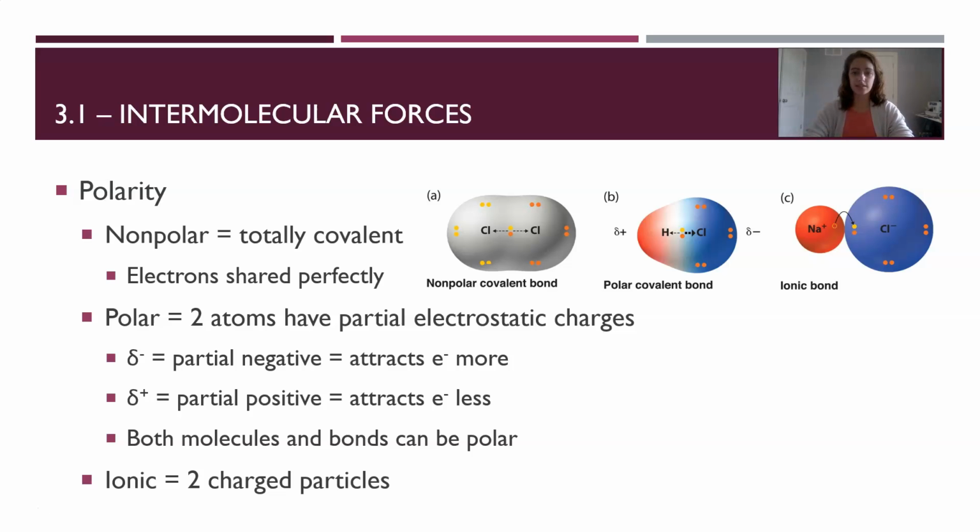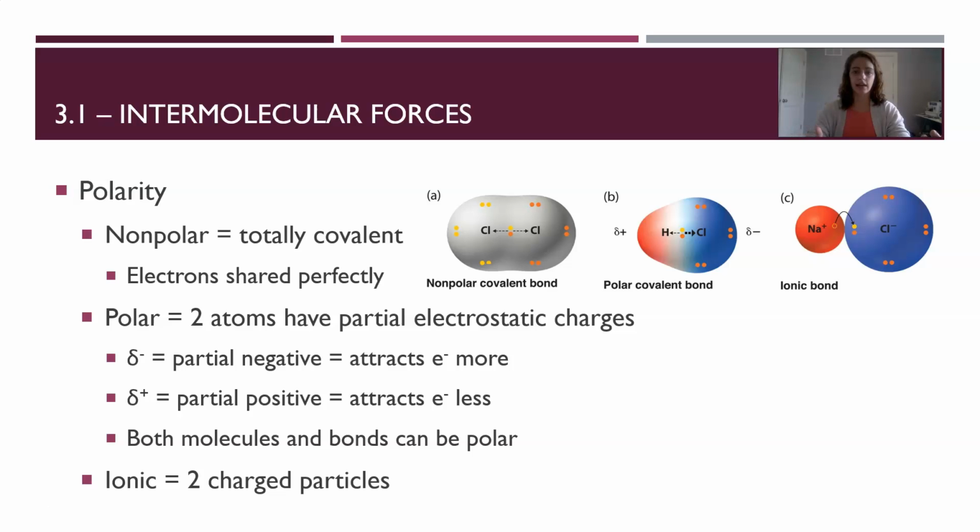If a bond is considered polar, it means that one atom is attracting the electrons more than the other. So this means that there is a larger difference in electronegativity, but not enough to make it ionic. In a polar bond, we end up with a partial negative and a partial positive side of the bond.